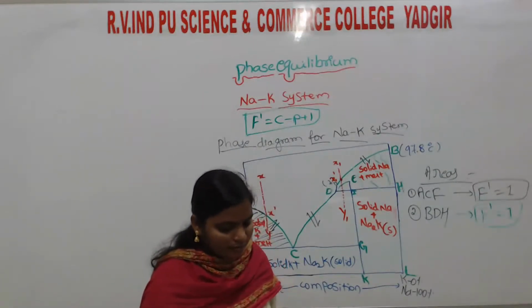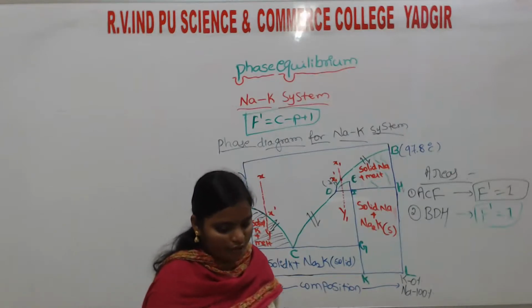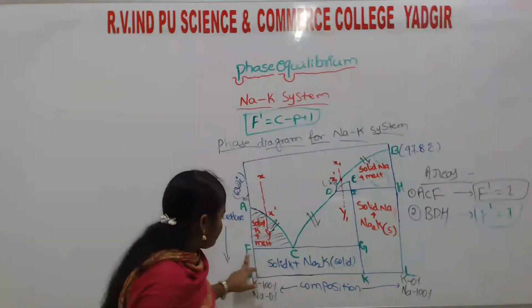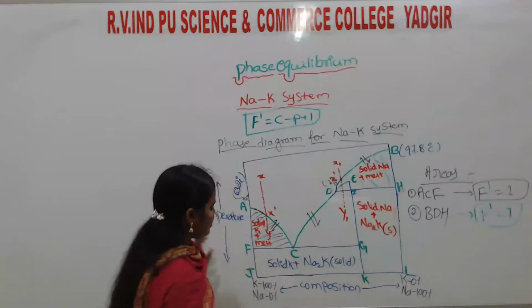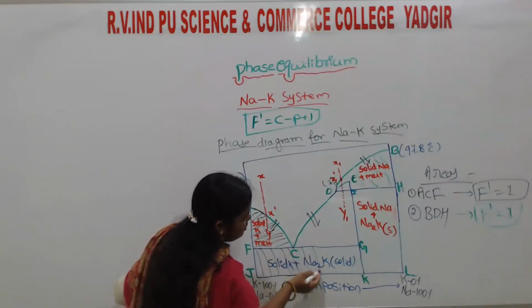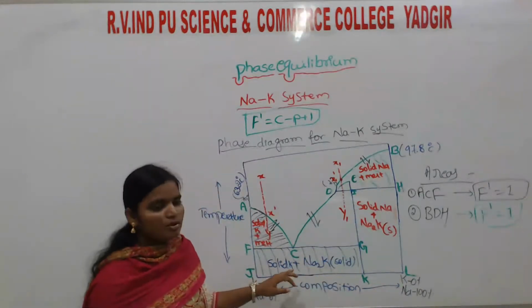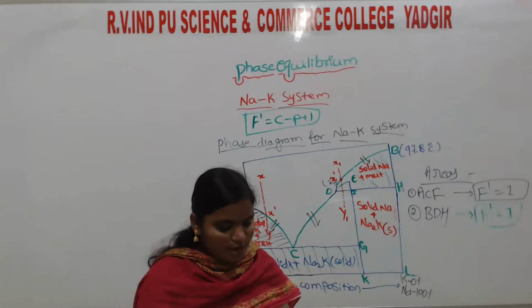And next, another area, below FCG. Here two phases are present.